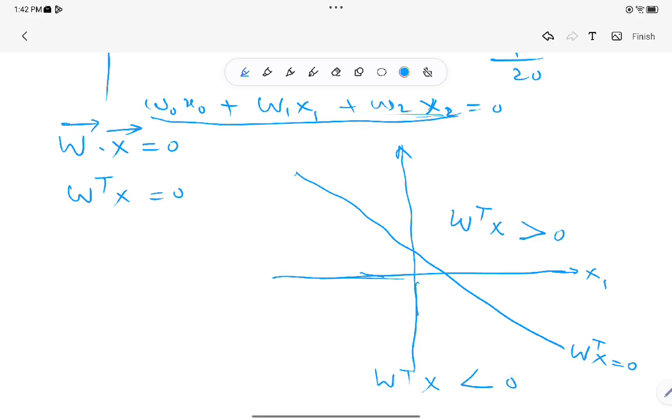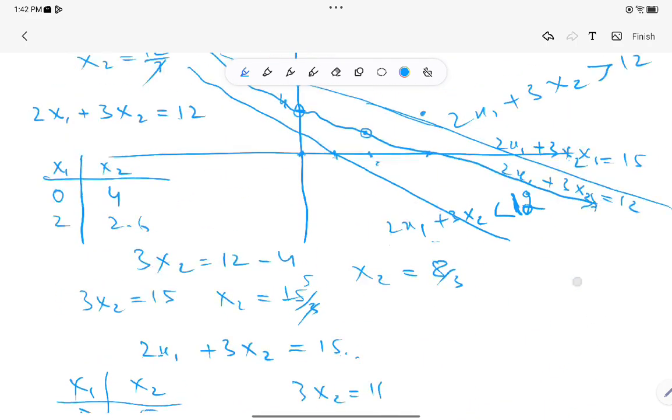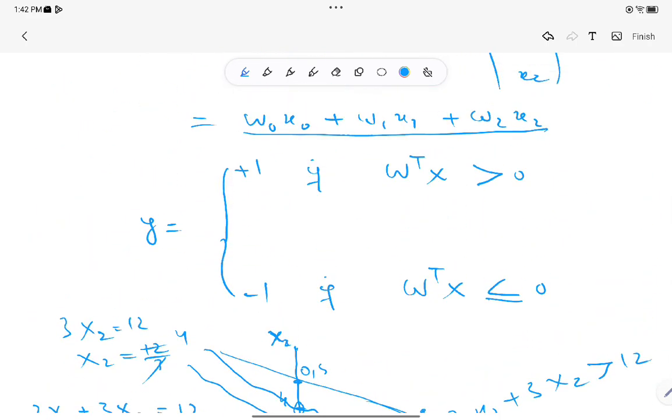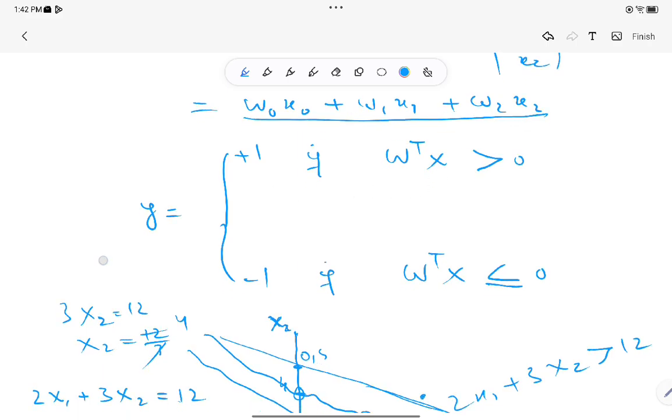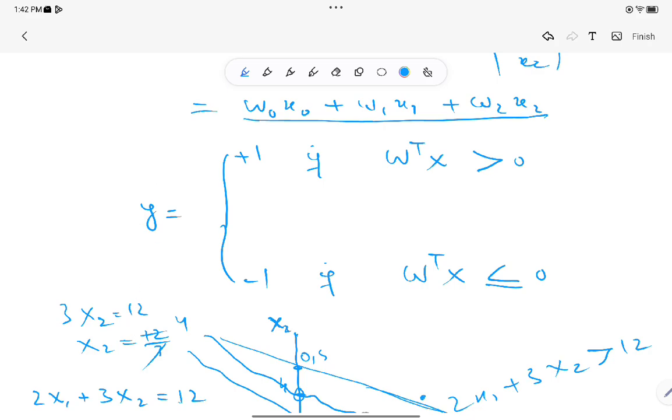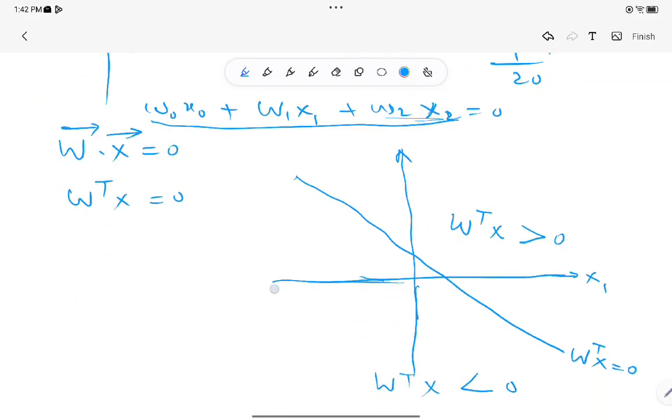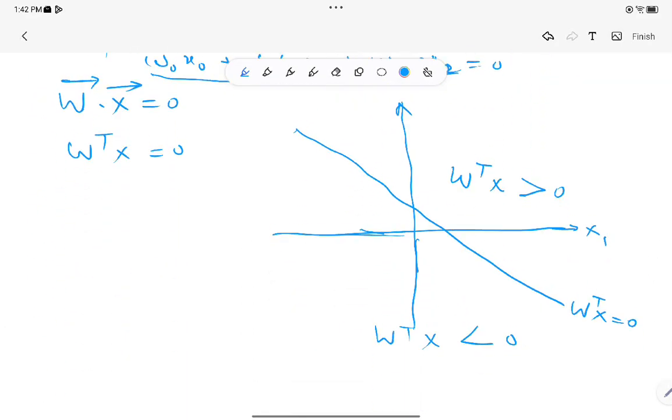We know that if wTx is greater than 0, output should be 1. Otherwise, output should be -1. So we can write here: in this region of the plane, output will be +1, and in this region of the plane, output will be -1.